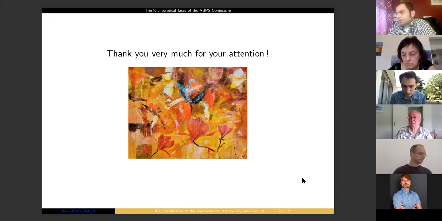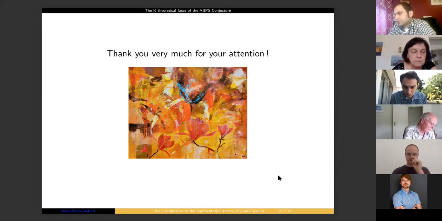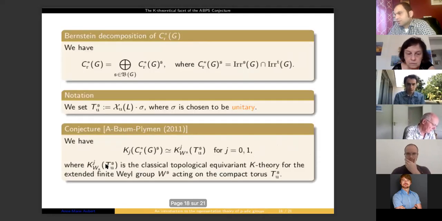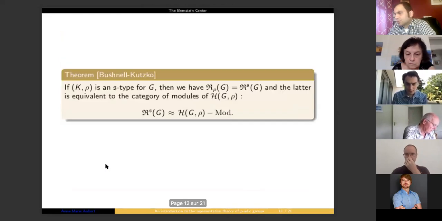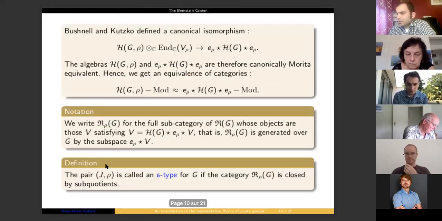Another question is about the categorical equivalence of RSG and the G-endomorphism algebra. Is it possible to revisit that equivalence? Do we want the category of modules over that endomorphism algebra on the other side?